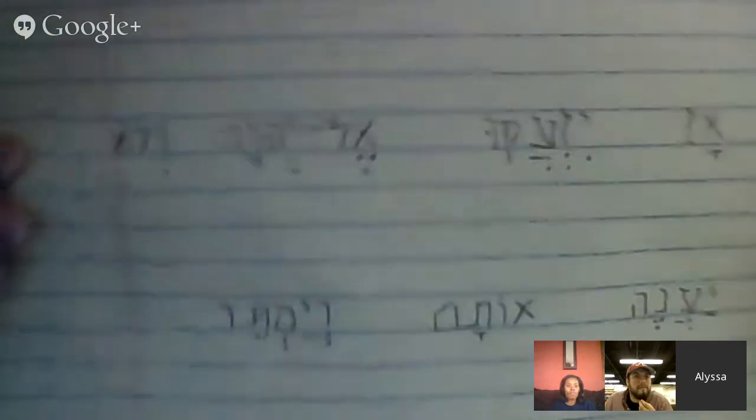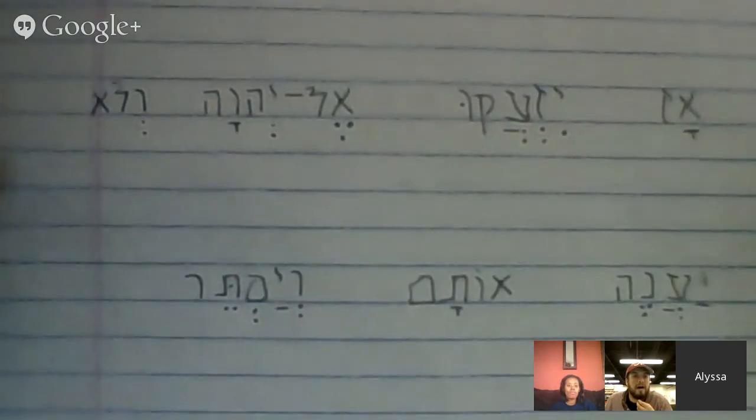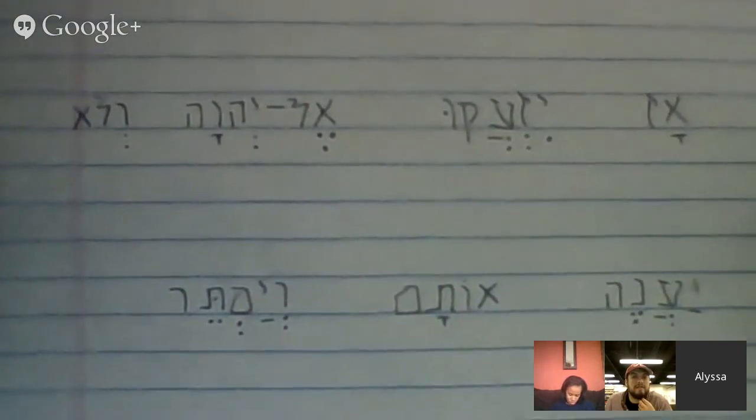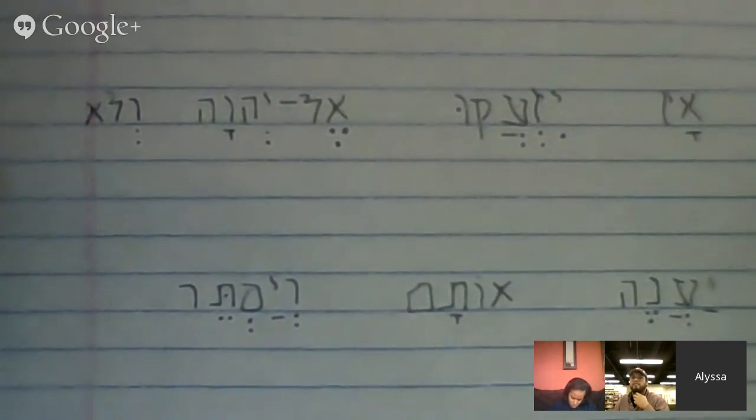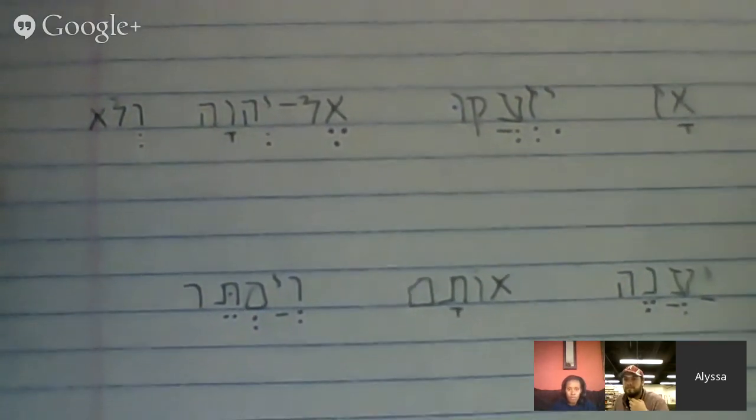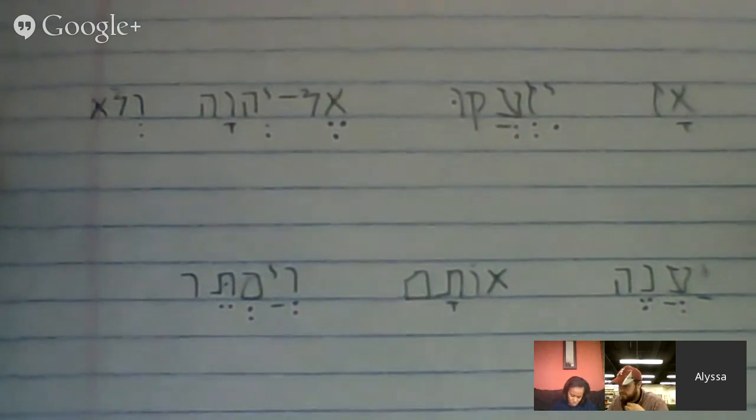What vowel do you think would go there? Like just based on that, a holem. And so what is that? When there is a holem in there. You're right. There you go. So you've got the first part. So from that time, they will cry out to God and not something.